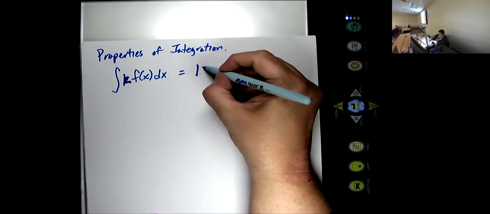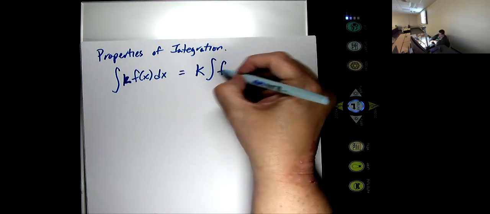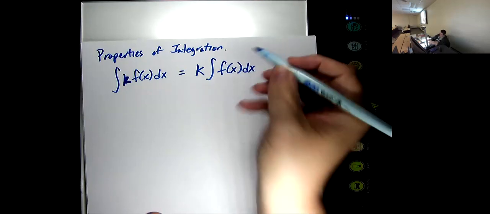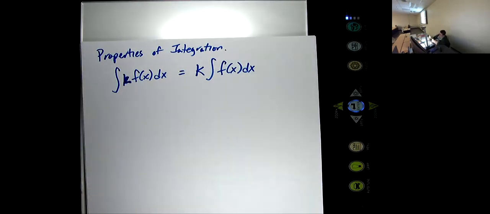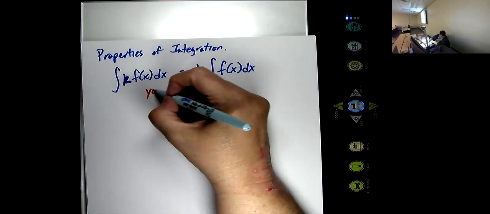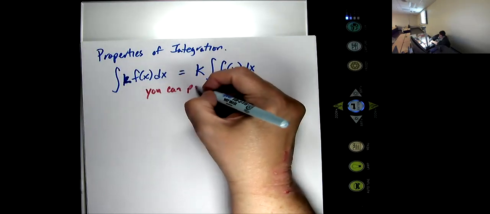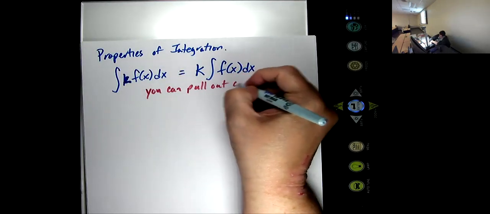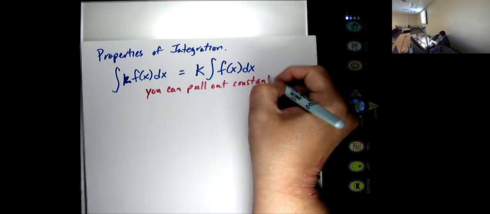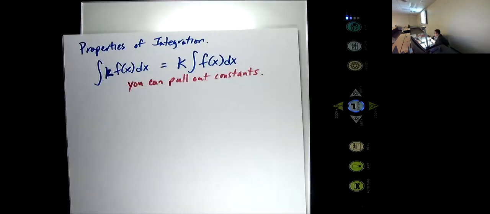This is the same as k times the integral of f of x dx. You can pull out the constant, just like we could when we were doing derivatives, or pull the constant out of a limit. Similar idea.